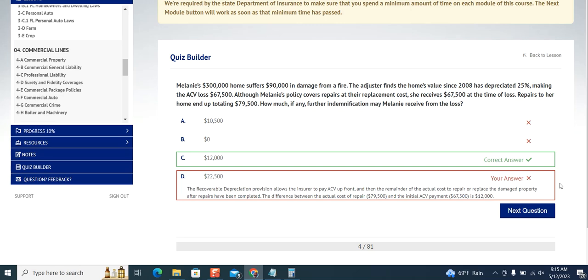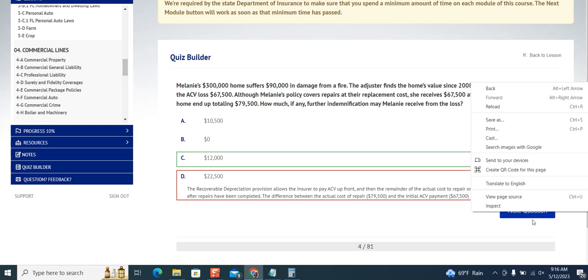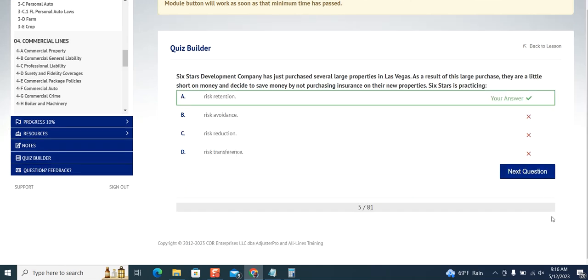Oh, I was just supposed to subtract 79.5 from 67.5. That's all I was supposed to do. I knew it was some type of formula. I just didn't know the formula. Okay, shoot, subtract. But then again, I guess I said it should have been 12, right? So I didn't know how to come up with it. I didn't remember the formula.